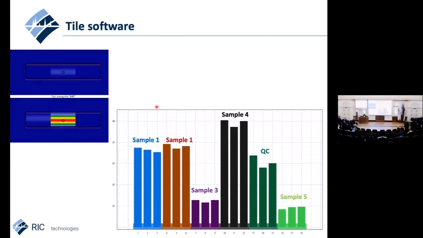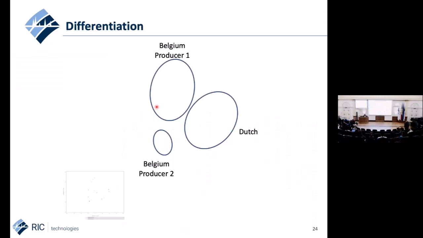So now, what are we still doing? We are exploring the tile software, in which we are trying to dig further into our data. There's still quite some work to do in terms of data analysis. We are looking compound by compound at the trends between the different samples. There's a little shift in my slides.